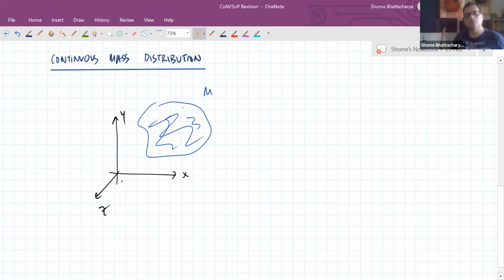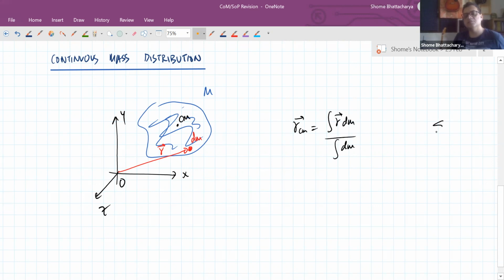So what we do is we divide this mass into differential particles whose individual positions are like this. So the position vector of the center of mass will be integration of R dM divided by integration dM.